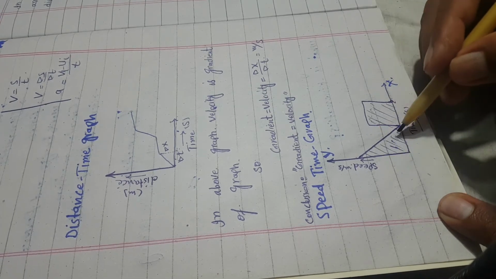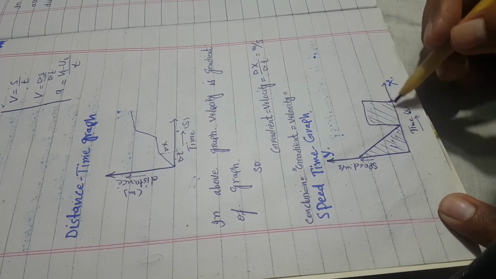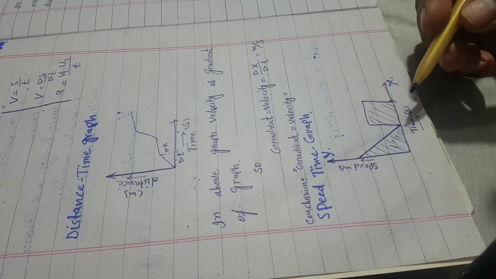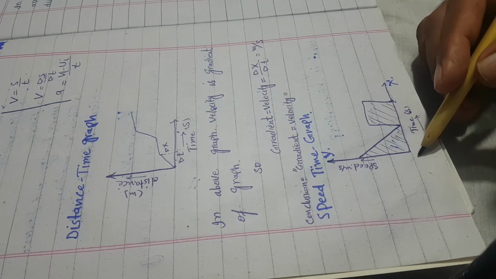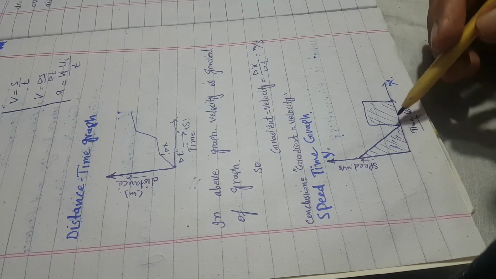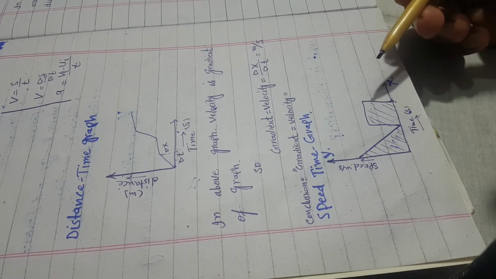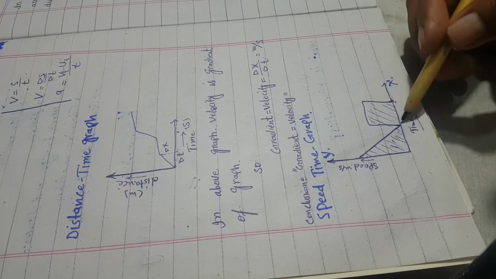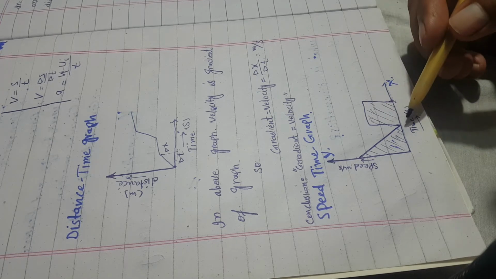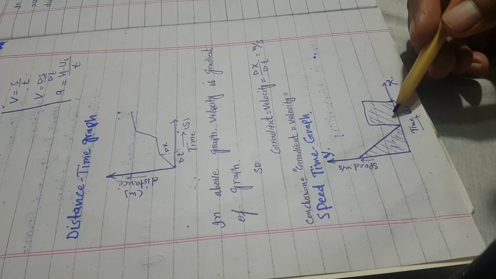So this is a triangle and this is like a square. So we will find the area of the triangle and the area of the other figures. The area under the curve gives us the distance traveled.